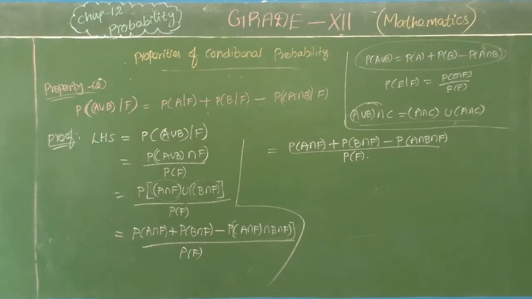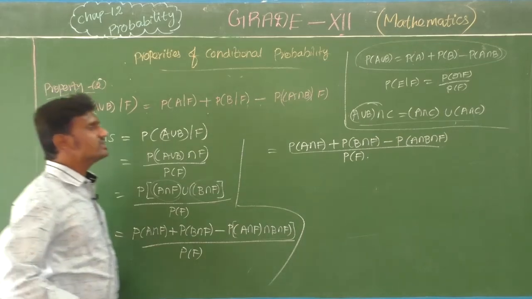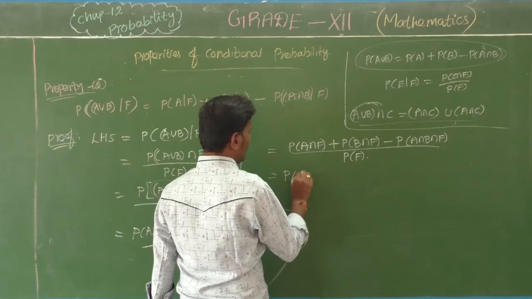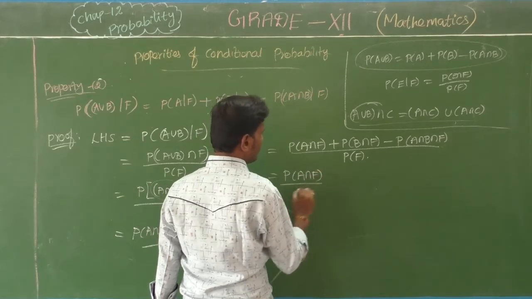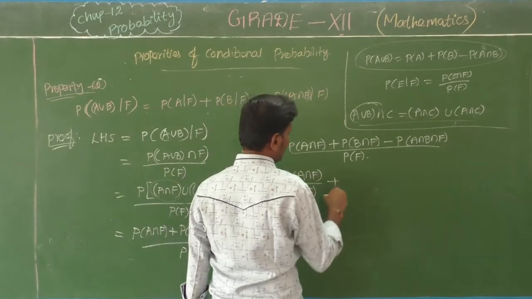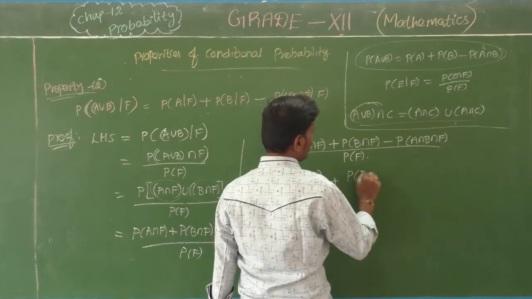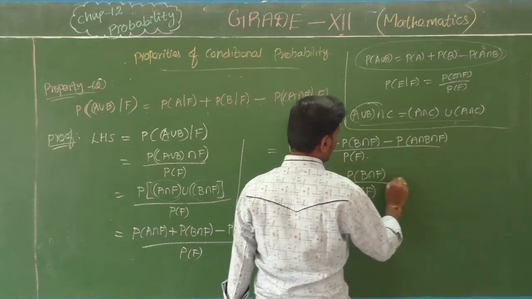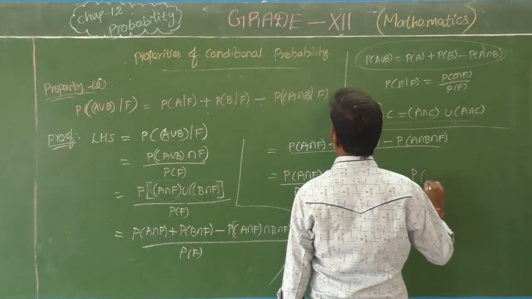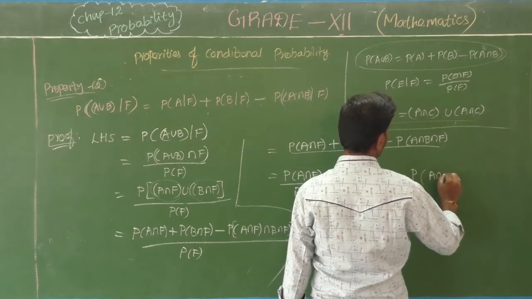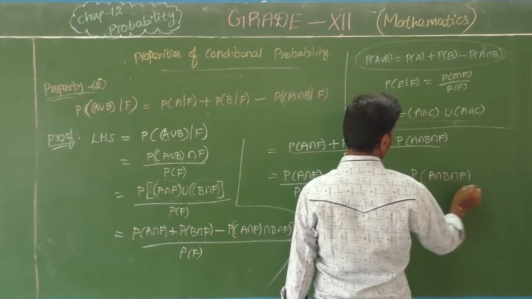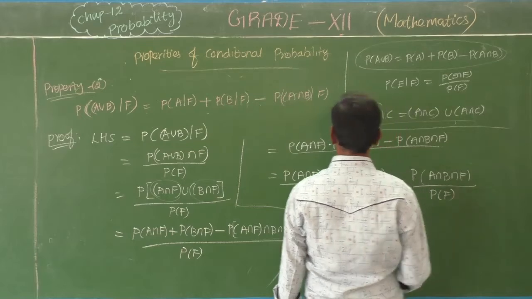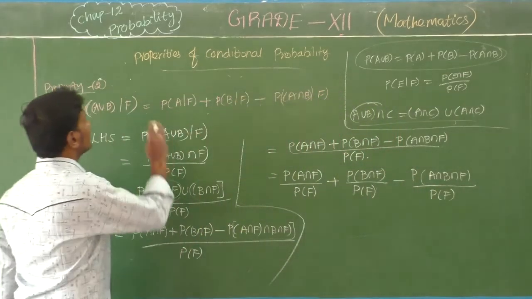Okay, understood? Now what can we do? Let us take them separately. We want to segregate one by one: P of A intersection F by P of F plus P of B intersection F divided by P of F minus P of A intersection B intersection F divided by P of F. Now again I am taking the conditional probability.